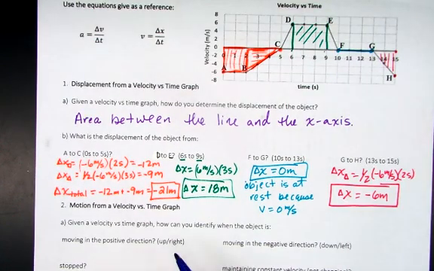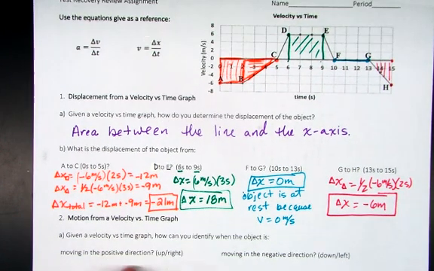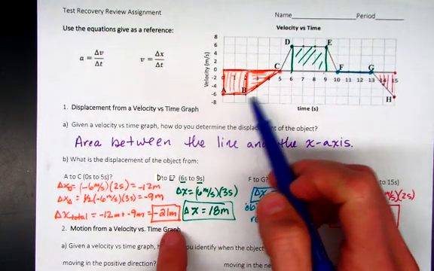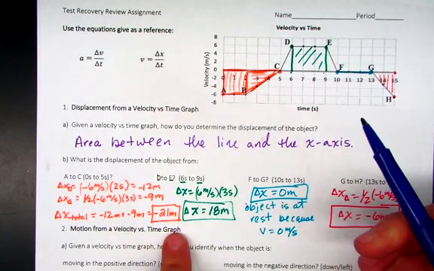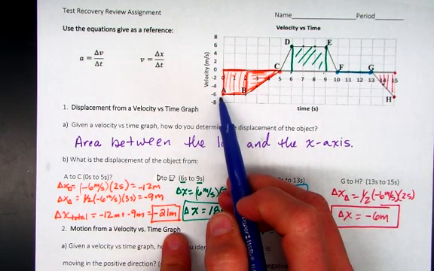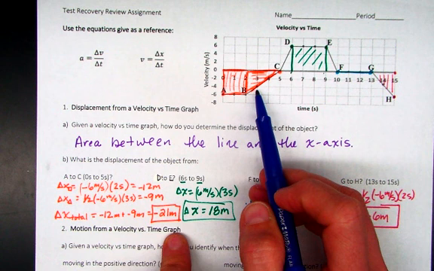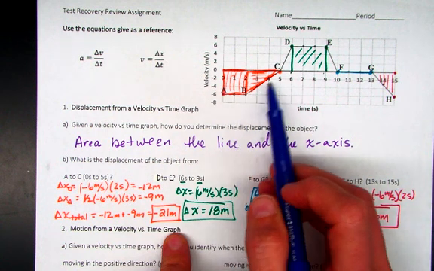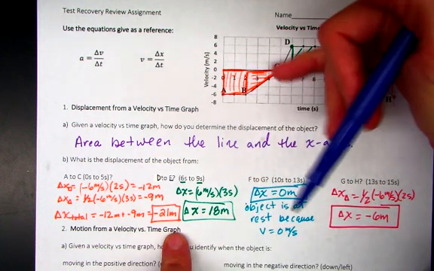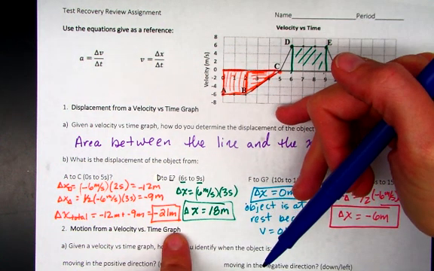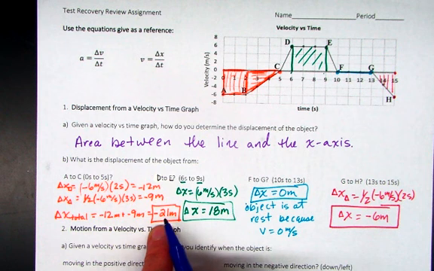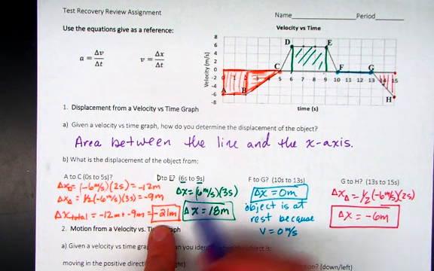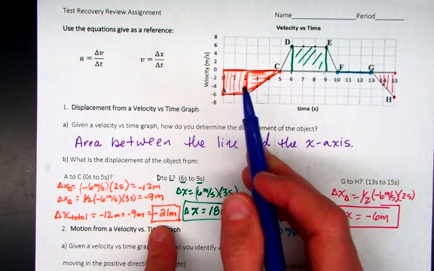Now, in terms of figuring out which way we're moving, it's much easier to consider the velocity. Here, the velocity is -6, -6, -6, -4, -2. I have negative velocities everywhere the graph is underneath the x-axis. And that is why I'm going to have a negative displacement, because I'm moving in the negative direction.